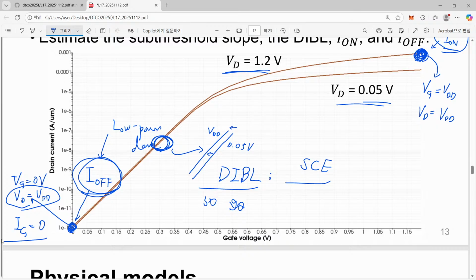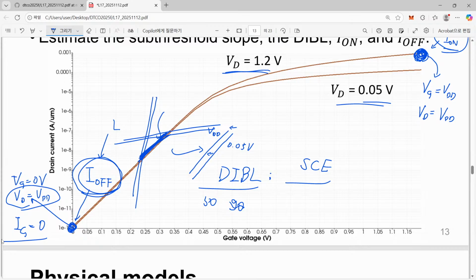And finally, let me conclude today's lecture with the final quantity. We have the slope itself here. Although these two graphs share the same slope because they are parallel shifted, if we have a different device, then we can have different slopes, or we can have even a mild increase.